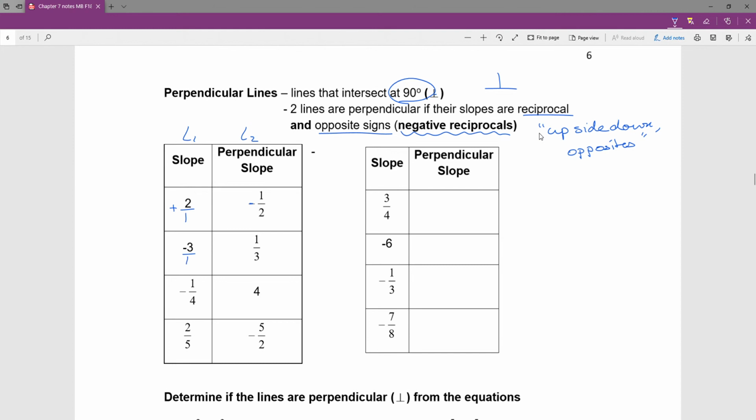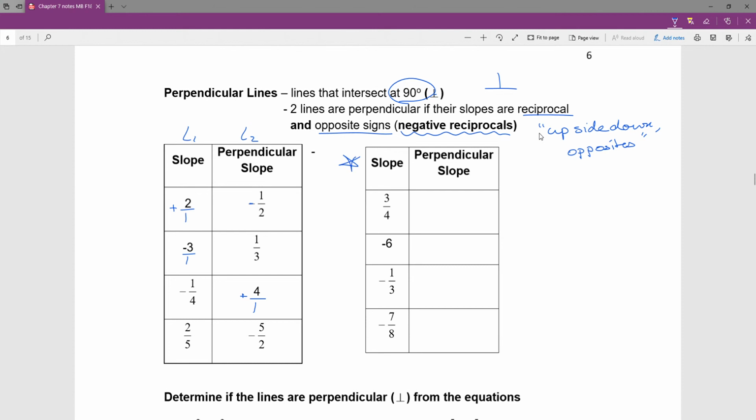So perpendicular to that would be the upside down opposite of that. The next one, negative 1/4. Upside down opposite would be a positive 4 over 1. The last one, maybe easiest to see, the upside down opposite of 2 over 5 is negative 5 over 2.